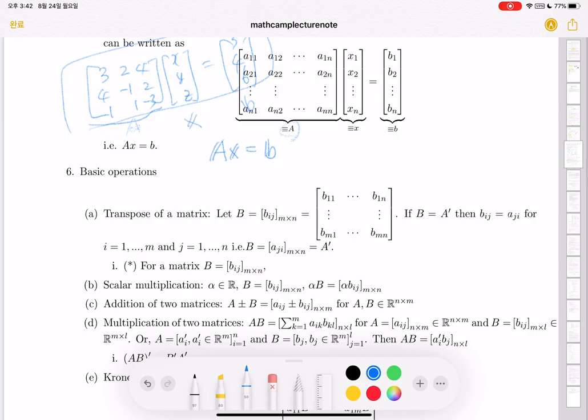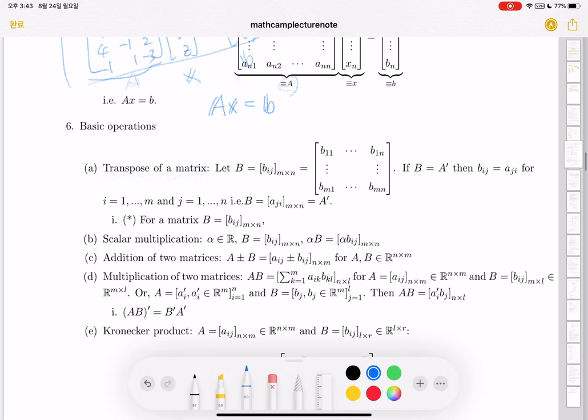You can transpose a matrix. When you transpose an n by m matrix, it gives you an m by n matrix. Okay. You can multiply a scalar to a matrix. So if you multiply 3 to 1, 2, 3, 4, 5, 6, it gives you 3, 6, 9, 12, 15, 18. Okay.